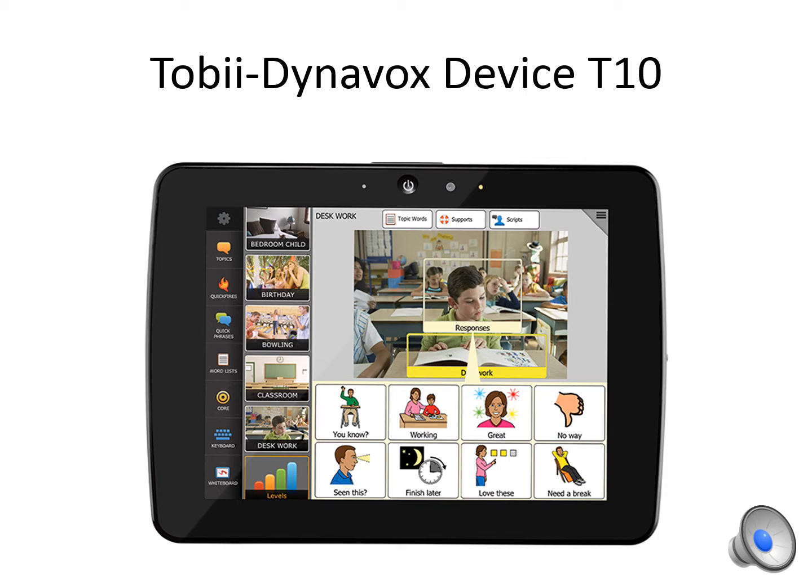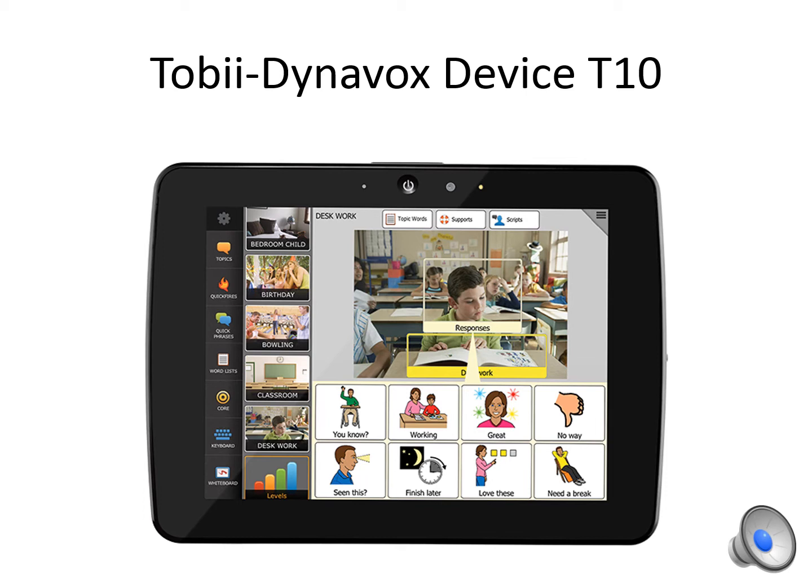So the Dynavox T10 and some of the other new Dynavox devices are essentially a computer with software on it that can help people generate language. And the software can be set up so that it's being used by a beginner user, a middle of the road user, or a very proficient high-level language user.